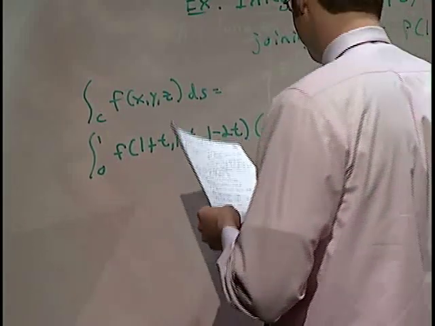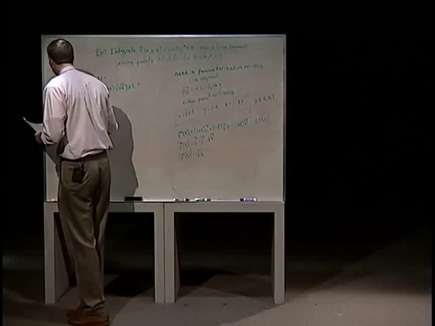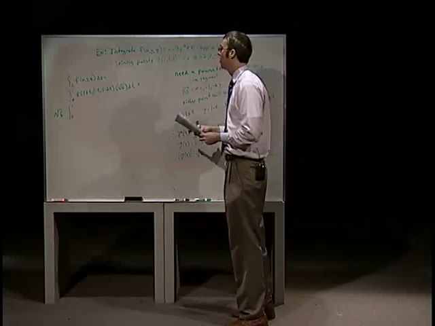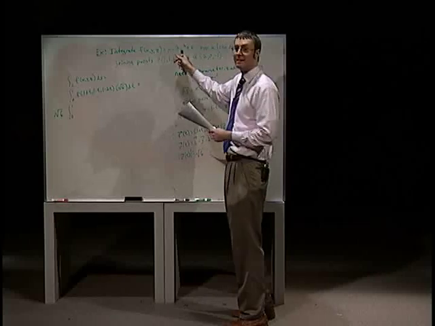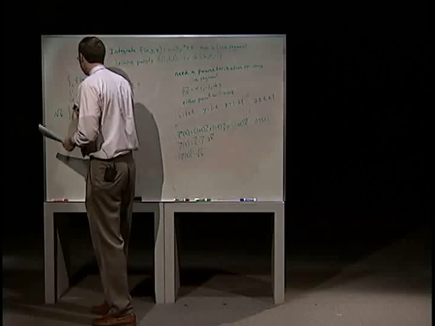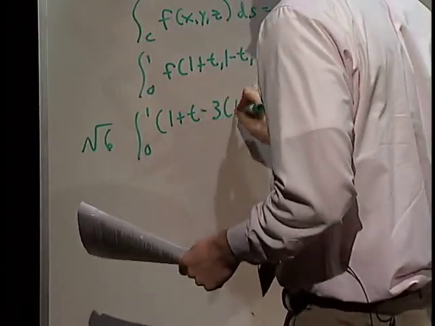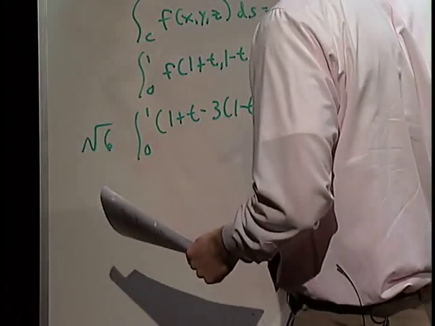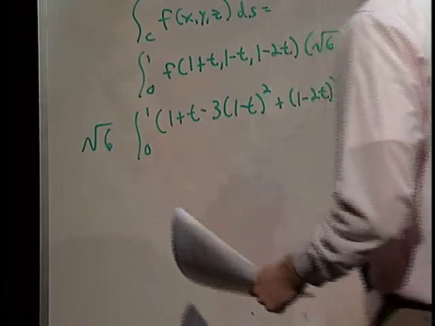Okay? So let's see what I want. I can pull the root 6 out, so the root 6 will come out front. Get the integral from 0 to 1. When I plug this stuff into f, I plug in 1 plus t for x, 1 minus t for y, and 1 minus 2t for z. So I get 1 plus t minus 3 times (1 minus t) squared plus 1 minus 2t, and then that whole thing dt, right?